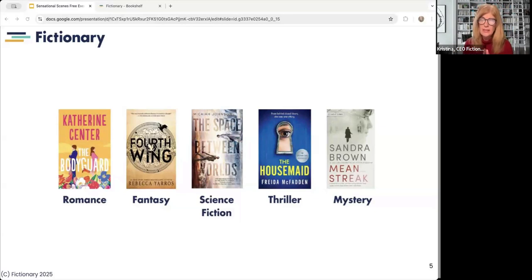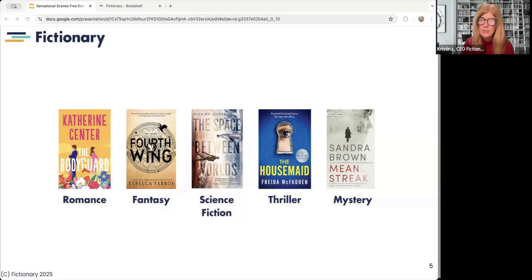Fourth Wing is a fantasy with a romance subplot, often referred to as a romantasy. Single point of view, it's Violet. The romance is between Violet and Xaden, and it's the enemies to lovers trope. The Space Between Worlds is science fiction with a romance subplot, and the romance is between 2 women, Dell and Kara. Dell can travel across worlds, and Kara is her boss, so there's a power dynamic in the romance subplot.